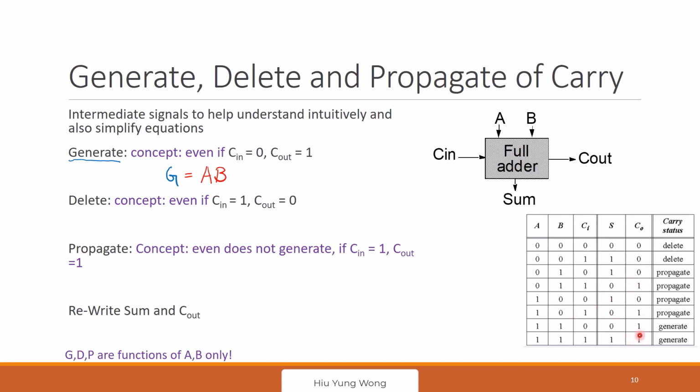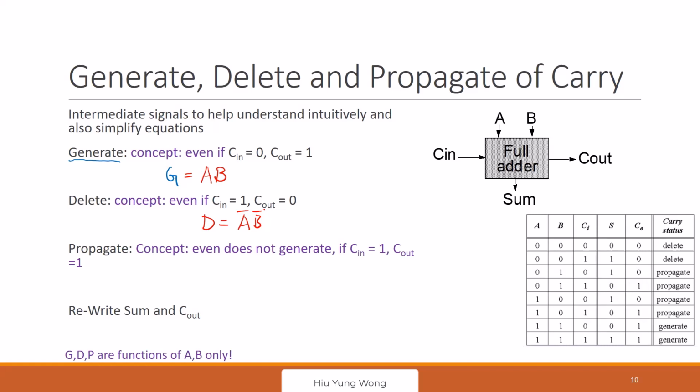No, it does not delete. So when does it delete? When both A and B are 0. When both A and B are 0, you delete whatever comes in. So the delete logic is A bar times B bar, if you want to implement it.